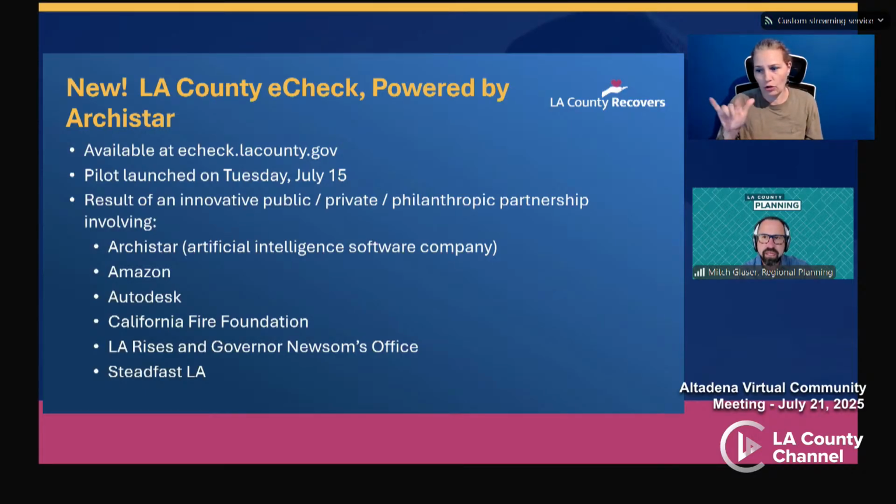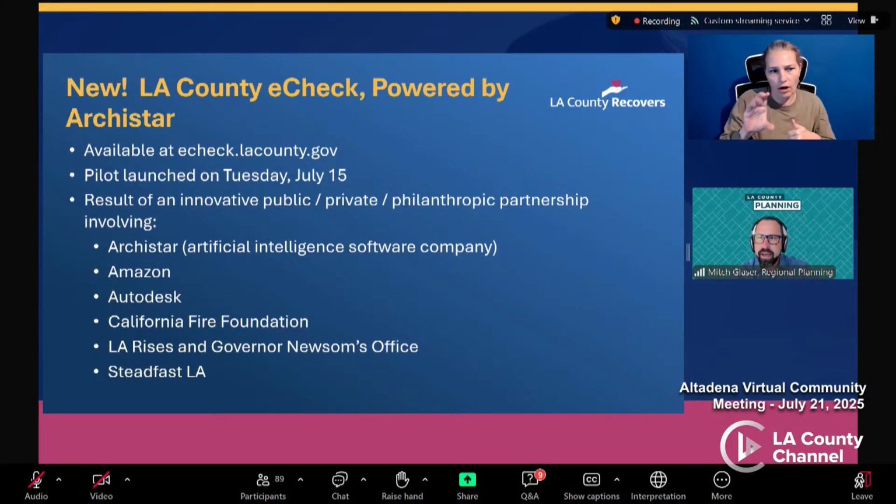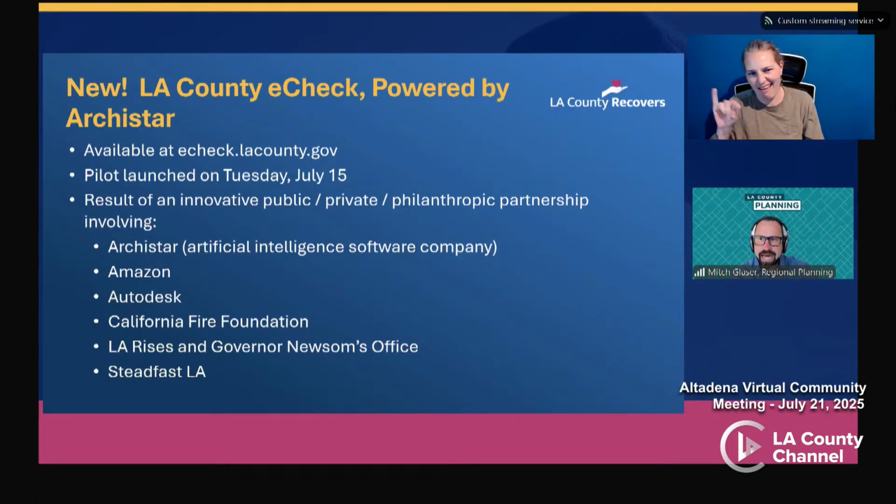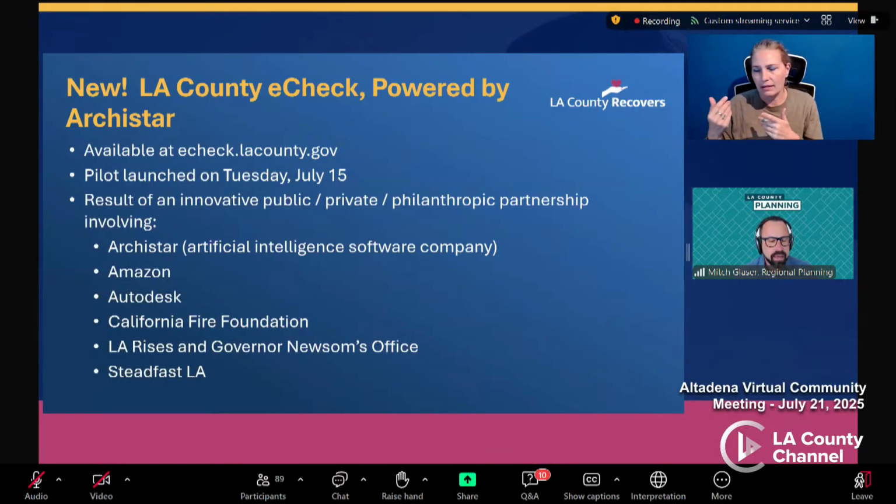This is the result of an innovative public-private philanthropic partnership involving ArchiStar, which is an artificial intelligence software company. They're some of the best in class when it comes to software that can review plans for compliance with building and zoning rules. They have many clients in Australia, Canada, as well as the United States.